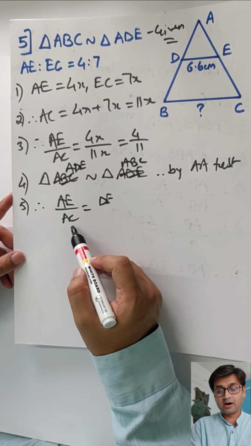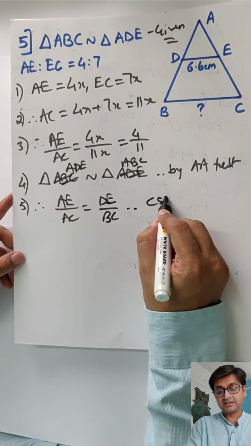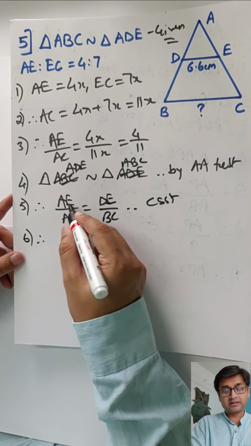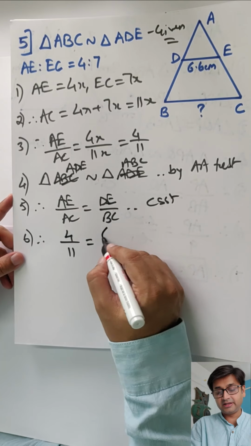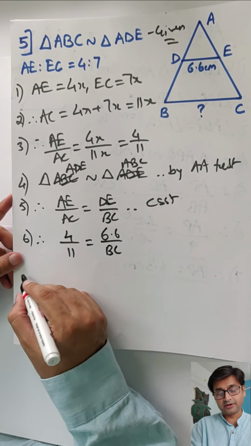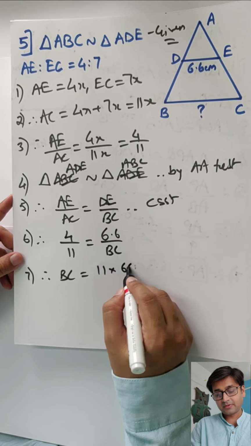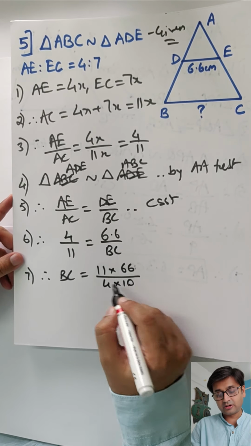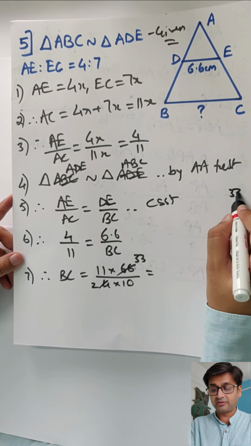AE first last upon AC, now DE second third upon BC, CSST, and therefore AE 4 upon 11, DE 6.6, BC unknown. So therefore BC will be 11, 66, 4, 10, 33. So you'll have to multiply 33 with 11.